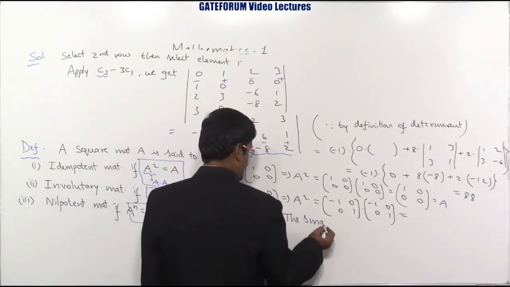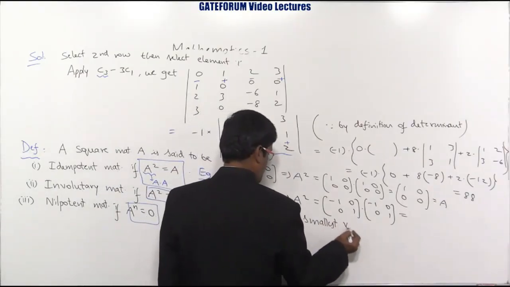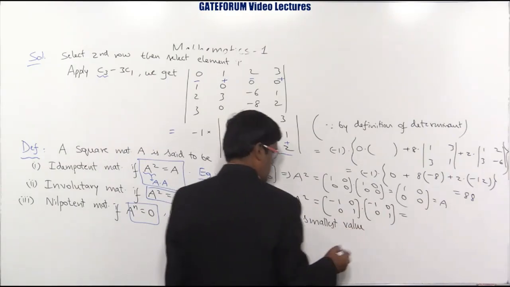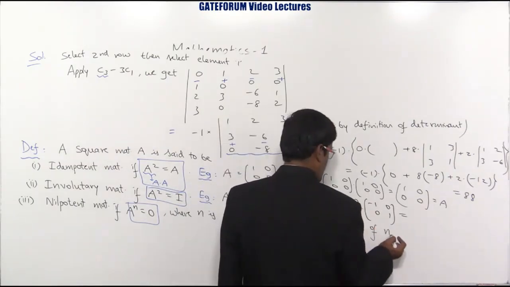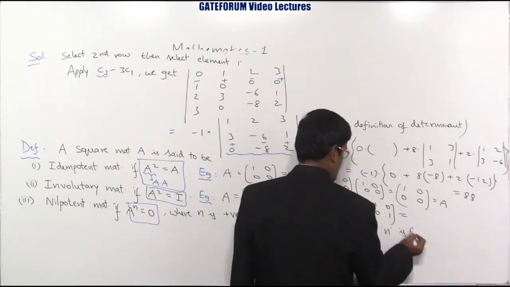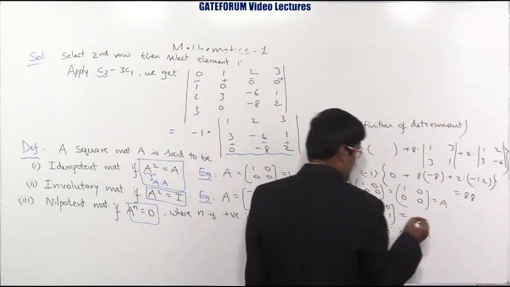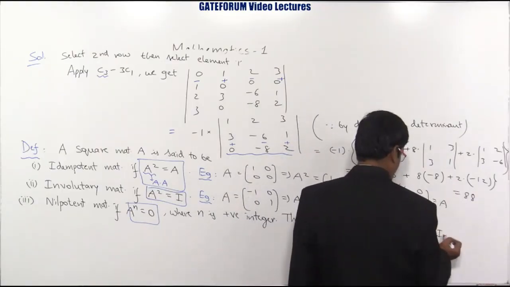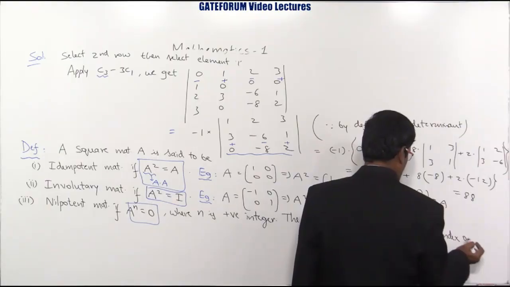The smallest value of n is called, this is second level basics, the index of A.